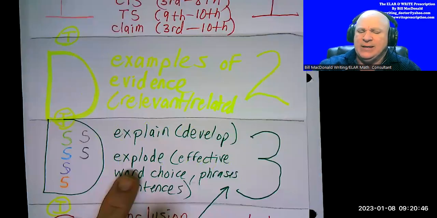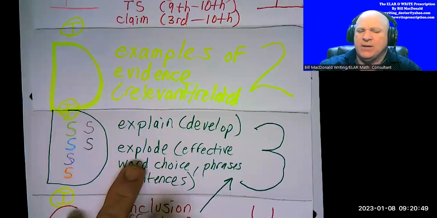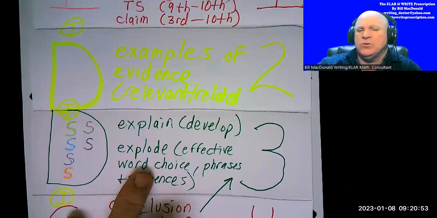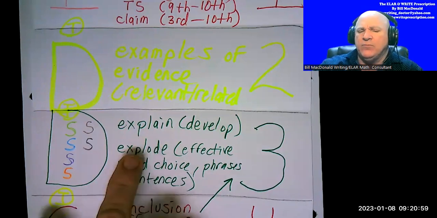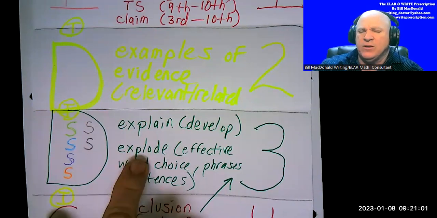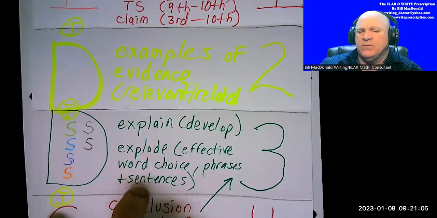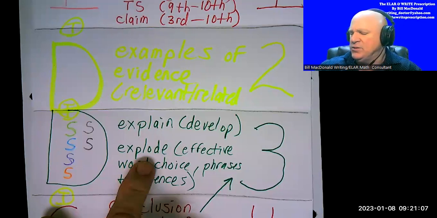Once you're explaining, effective word choice, your phrases, and your sentences. So don't just explain your ideas. In order to get the 3, they're going to be looking for your word choices, your phrases, and your sentences to see if they're vivid and precise.